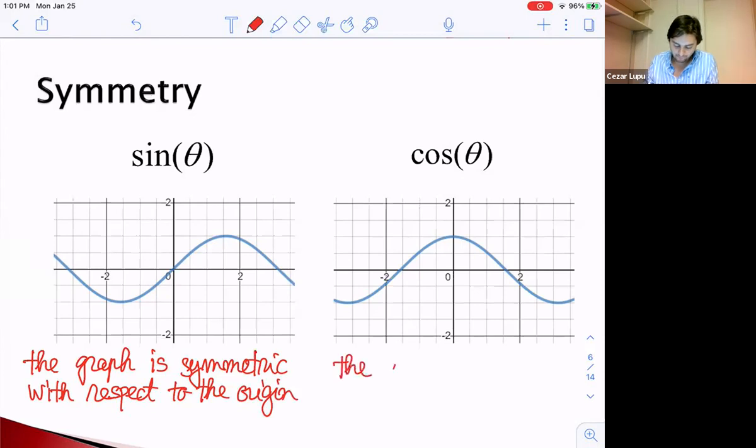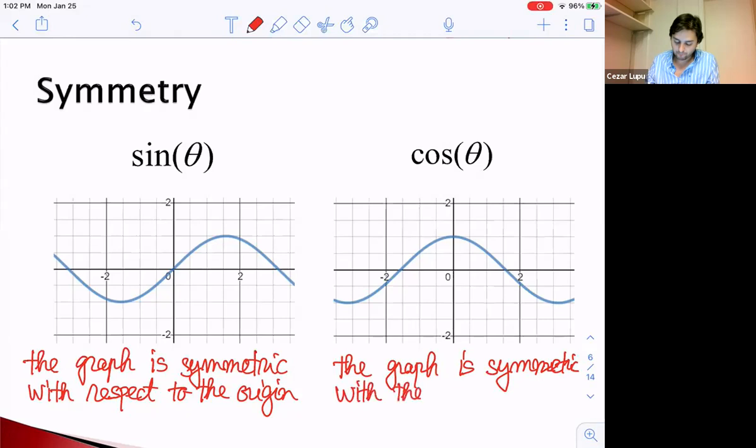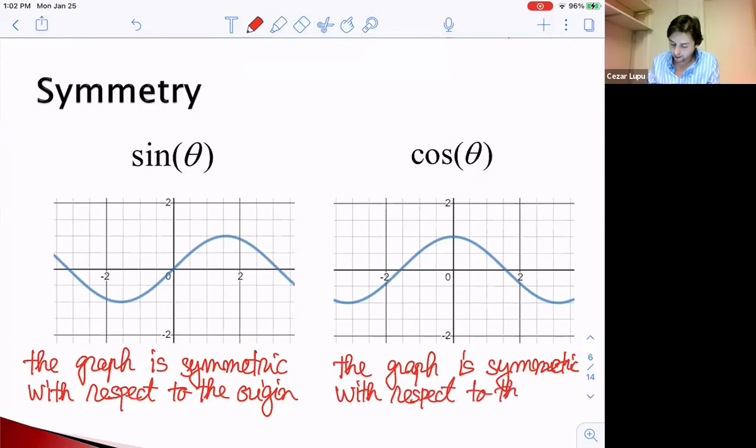Symmetric? With respect to what? The y-axis. Exactly. With respect to the y-axis. Oops, sorry. To the y-axis.